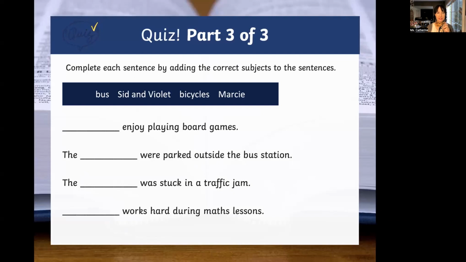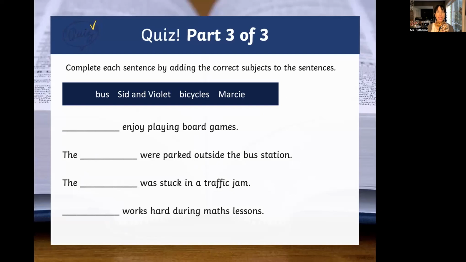The second sentence, the blank were parked outside the bus station. Now remember, we pronounce P-A-R-K-E-D. The E-D sounds like a T. Remember, there are 3 sounds of ED: T, D, and ID, as in id. Okay, there's no ed. It's not parked, it's parked.